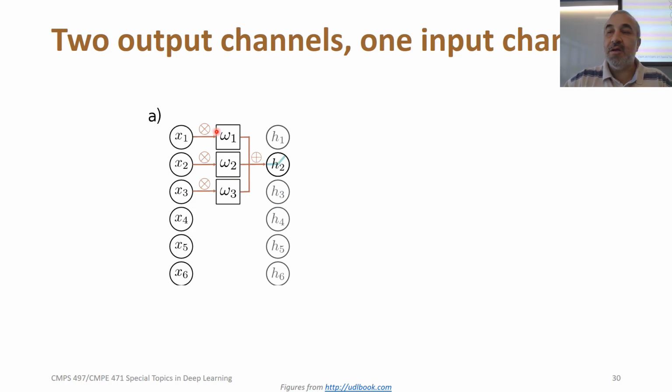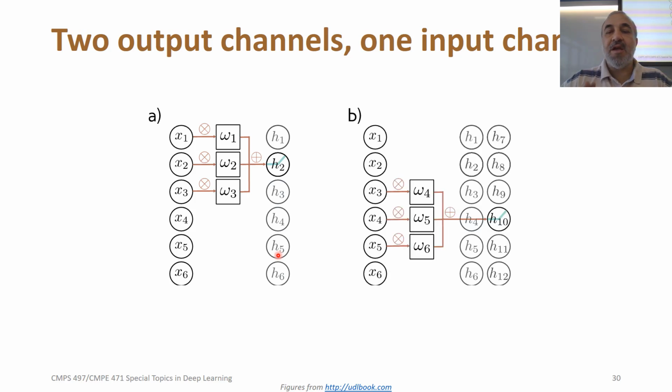This is one kernel applied to the input, and that will produce a column of hidden units. Now we call this a channel. By applying one kernel to the input, we produce one channel. Applying another kernel to the same input will produce another column of hidden units.